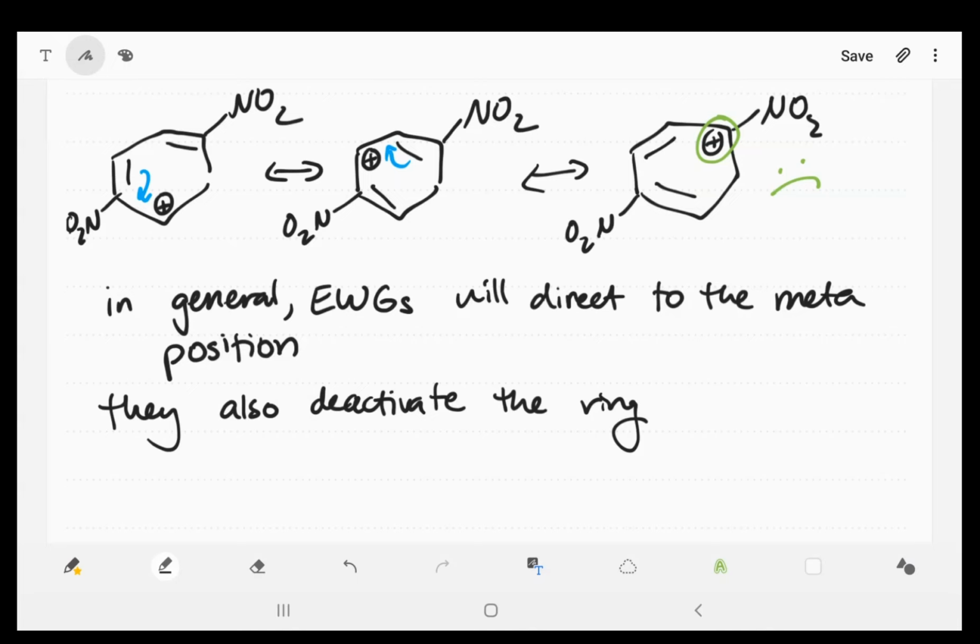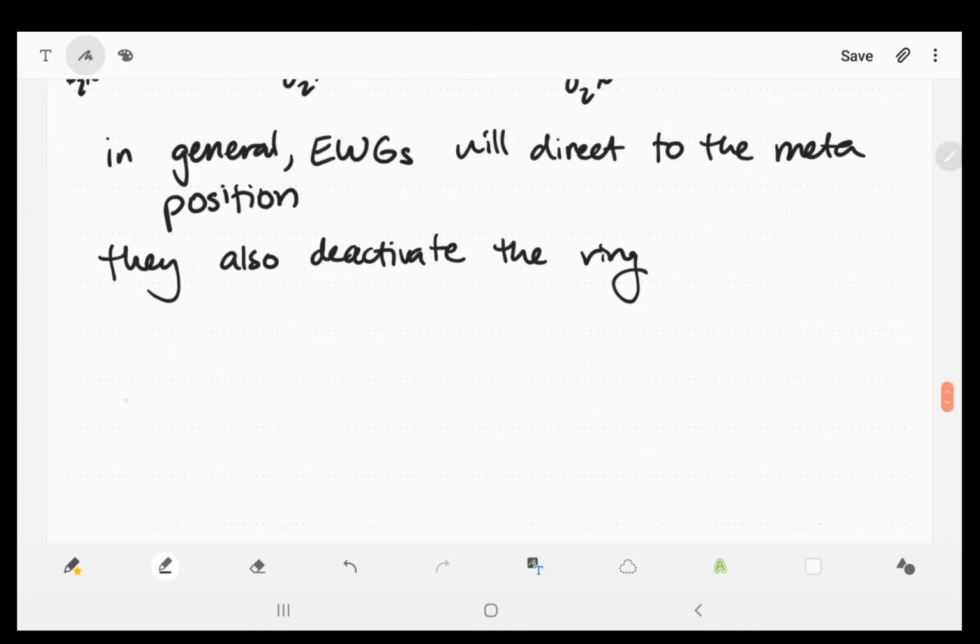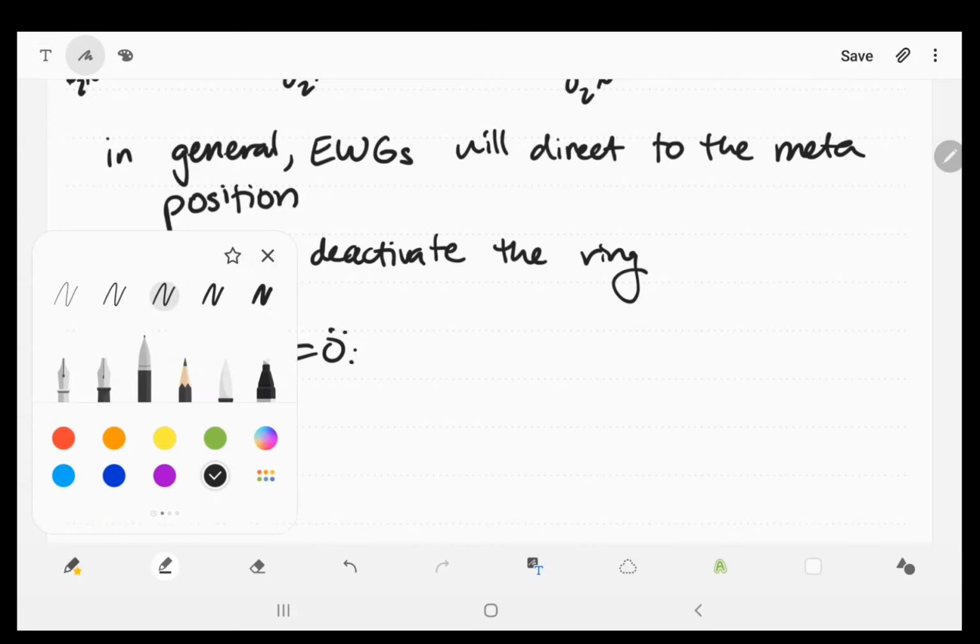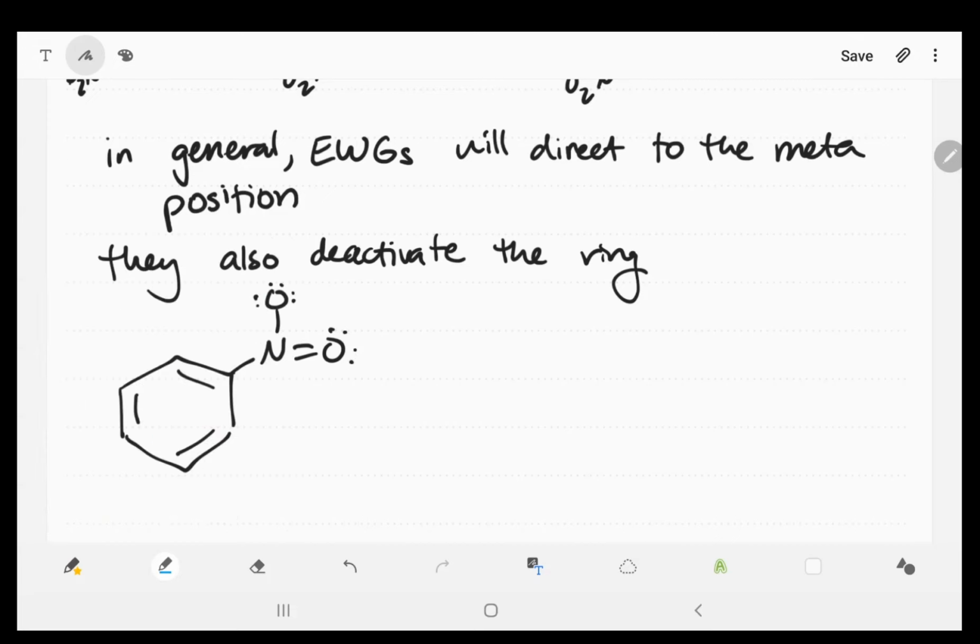We're taking electron density away from it. If we just look at resonance forms of the nitro group, or we could do it with a different one, we're going to see that if we just resonate things, we end up removing electron density from our ring.